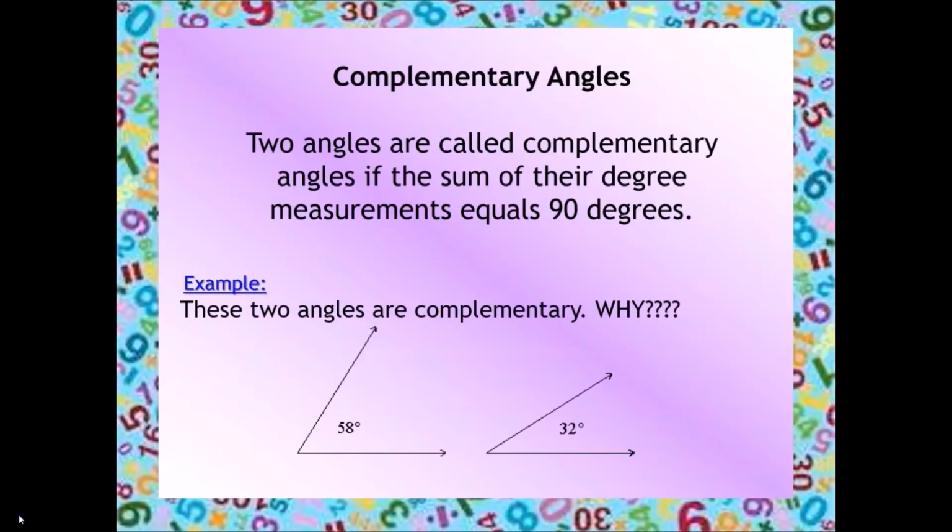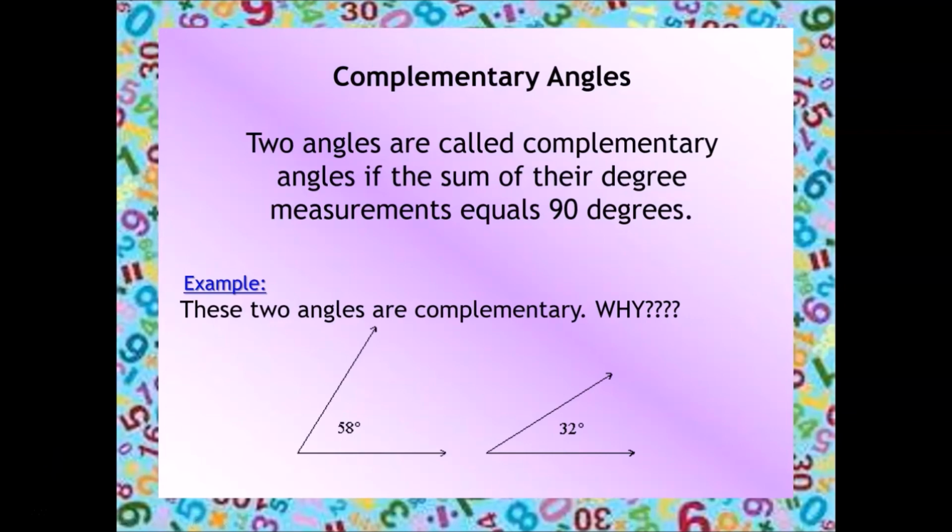Now let's have an application from geometry. Complementary angles. Two angles are called complementary angles if the sum of their degree measurements equals 90 degrees. So for example, down here, 58 and 32. Why are these two angles complementary?